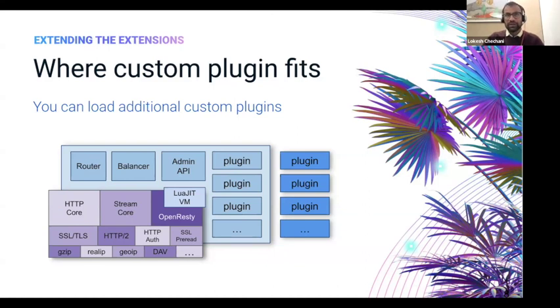Sometimes the customer asks, "Hey, I'm building a custom plugin. Would there be any performance impact?" And then I go and explain to them the custom plugin is yet another Nginx module which will be running within the same compiler.